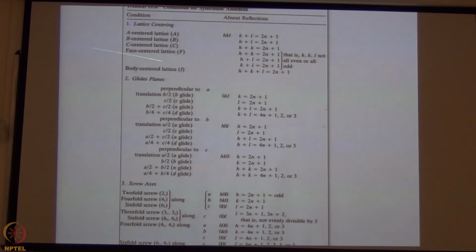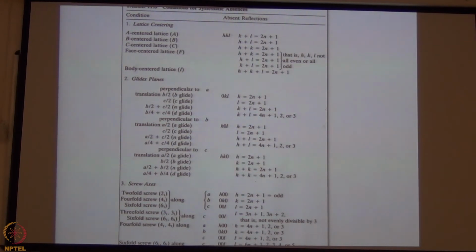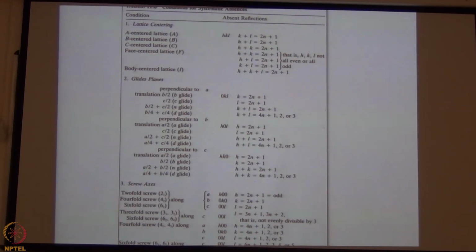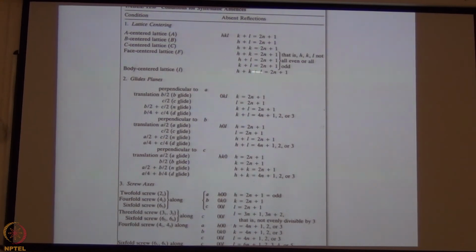For body centered lattice, the translation is related in all the three directions. It is half, half, half. So from here to there, I am doing a translation half, half, half. So the motion of that atom is in all the three directions. So then the condition becomes H plus K plus L sum is odd.